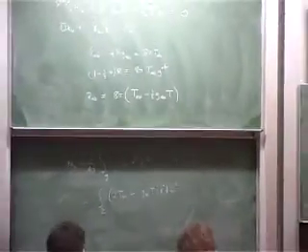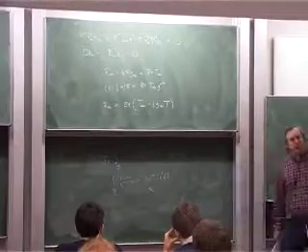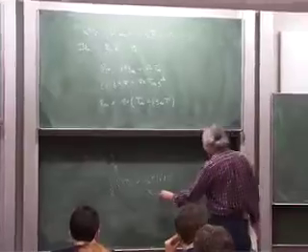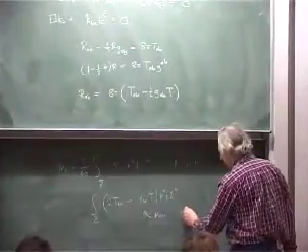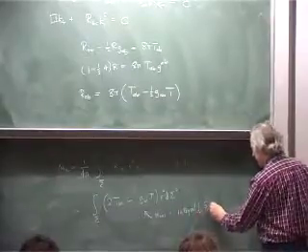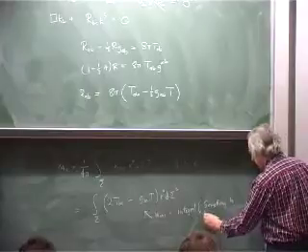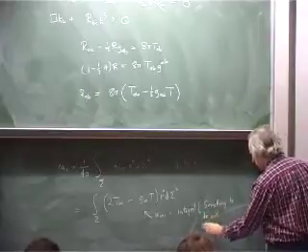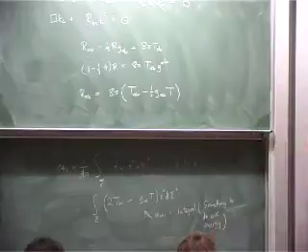So this formula says that the mass is the integral of something to do with the energy momentum tensor. What quantity is it actually?